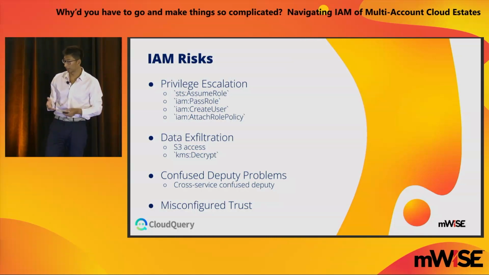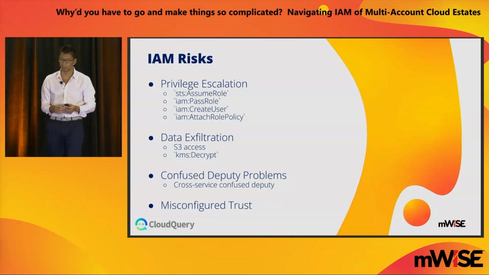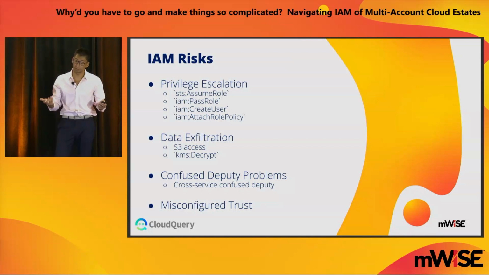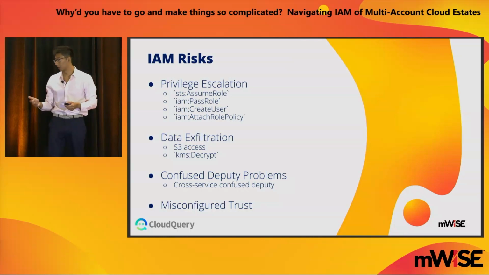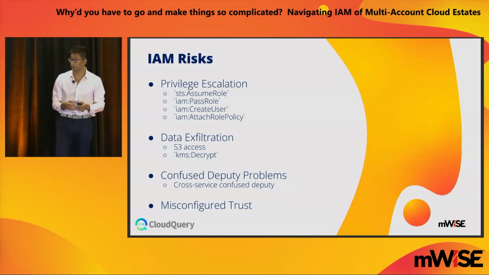These are all risks to escalate privileges, look at sensitive data, right? Possibly do more in the account itself. We also have data exfiltration risks, such as S3 access, a couple different mechanisms of S3 access, including IAM, including S3 bucket policies or resource-based policies. Also KMS decrypt, if that gives us access to a KMS key that's used to encrypt our data across the board. There's also misconfigured trust, which relates to IAM roles, and also confused deputy problems.